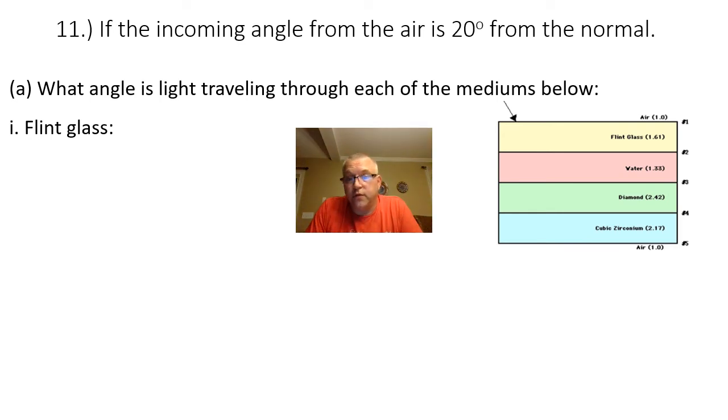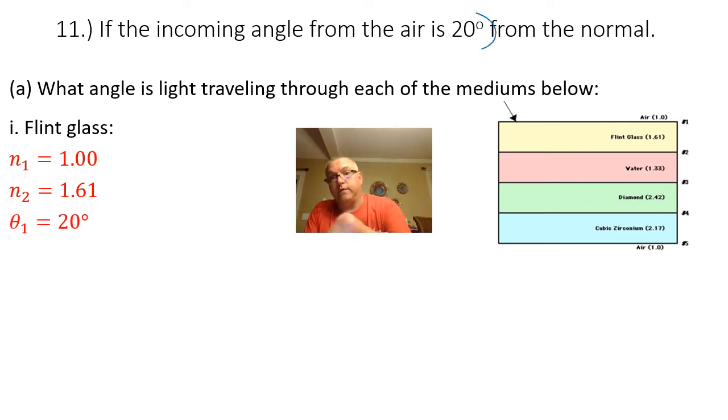So first, for the flint glass, going from air into flint glass, I know that my index of refraction for air is 1. My index of refraction for the flint glass is 1.61. That's given right on the diagram. My angle of incidence is 20 degrees, which I get from there.